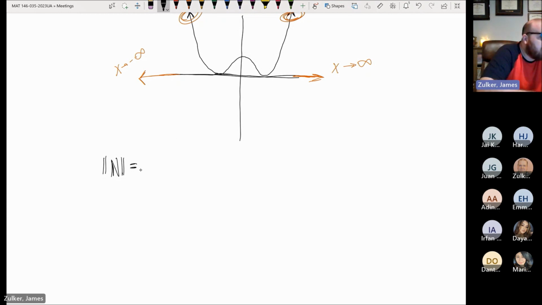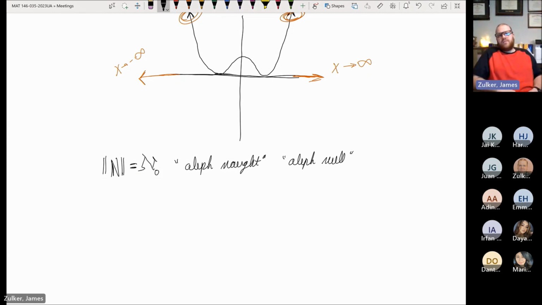It's more like this. A left naught or a left null. So of course it's infinite.